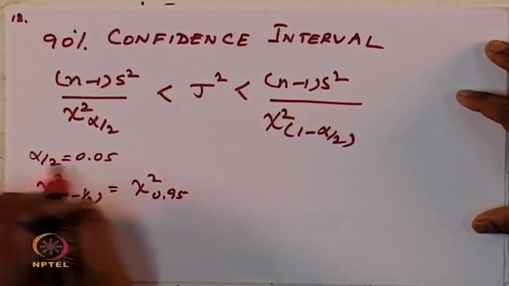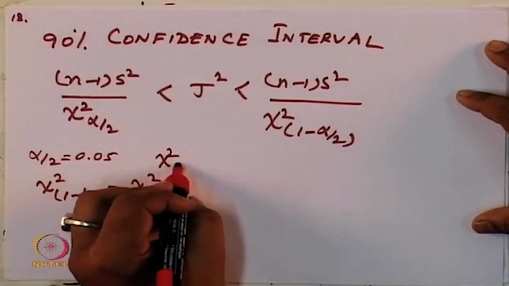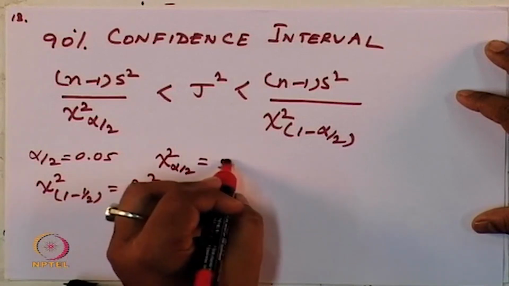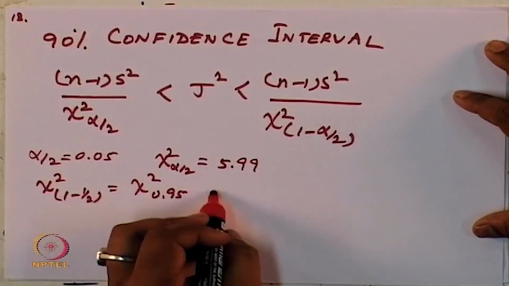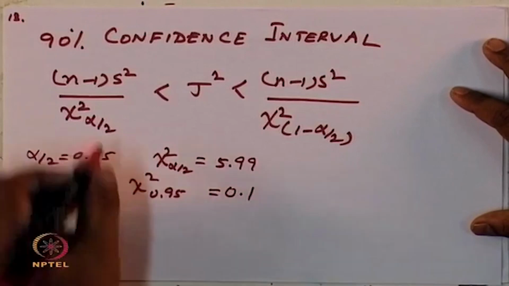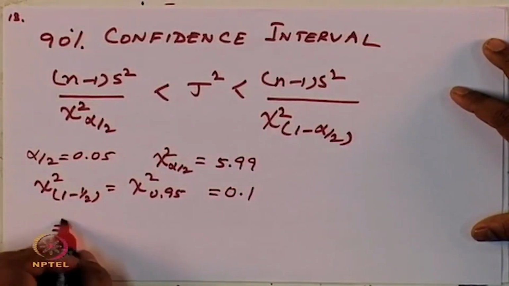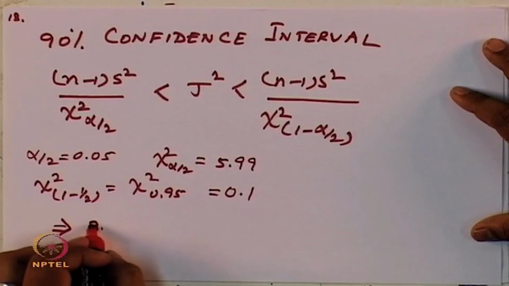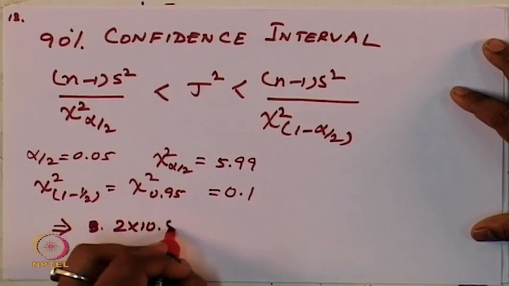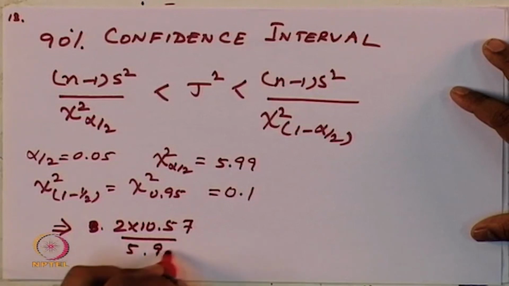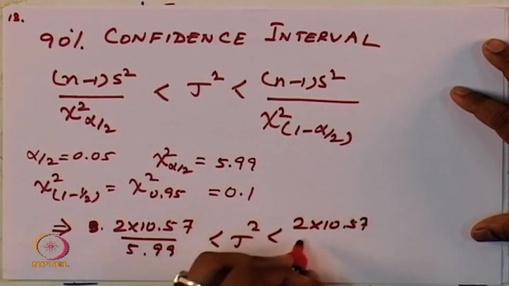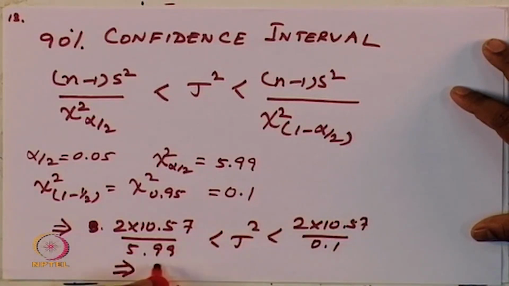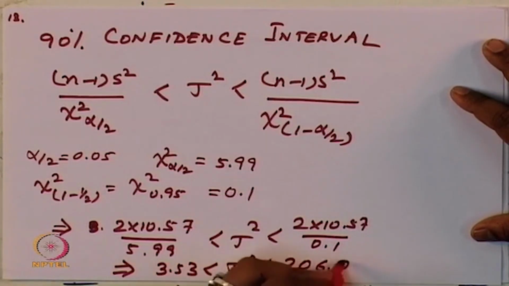Okay. So, for alpha by 2 I can have chi square of alpha by 2 as 5.99, okay, and chi square 1 minus alpha by 2 is chi square of 0.95 equal to 0.1. So, if I plug in the values here, what I get is a range: 2 into 10.57 by 5.99 less than sigma square less than 2 into 10.57 by 0.1. This gives me a range 3.53 less than sigma square less than 206.07.